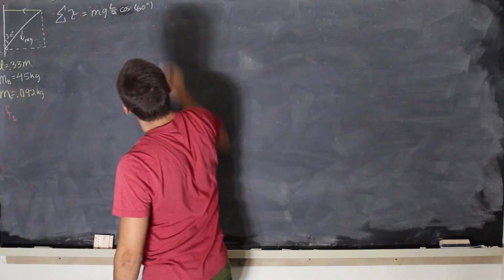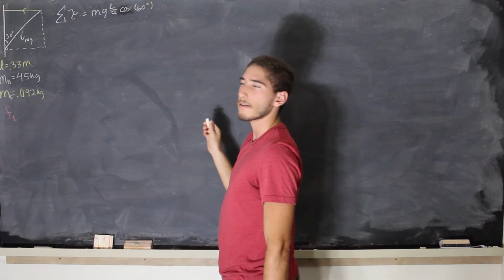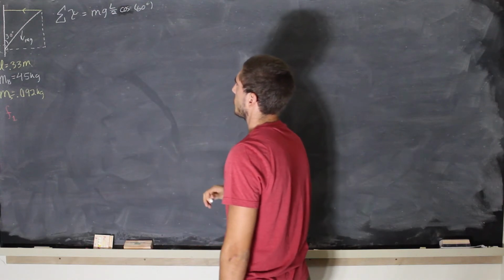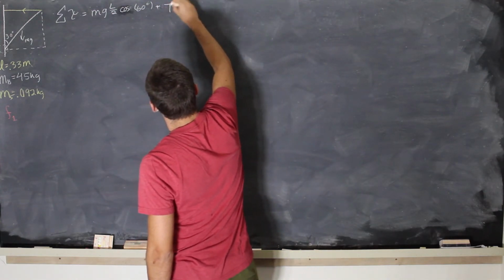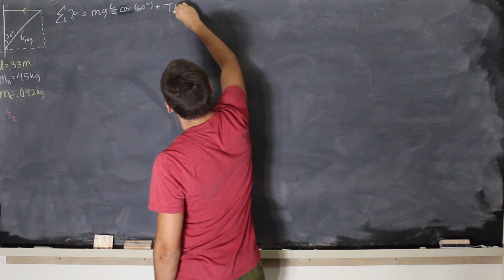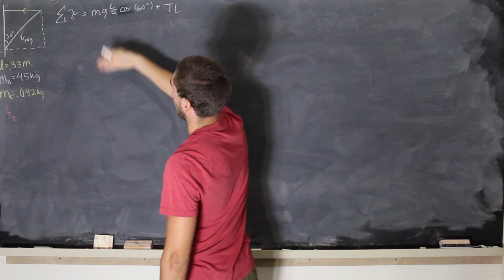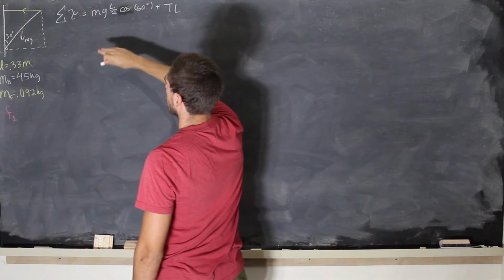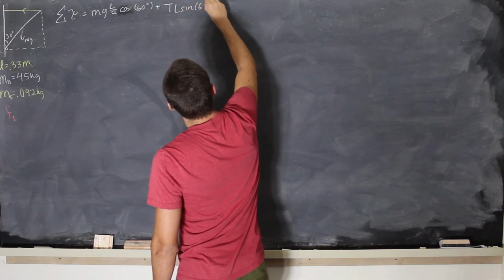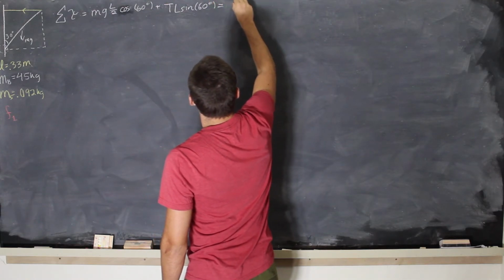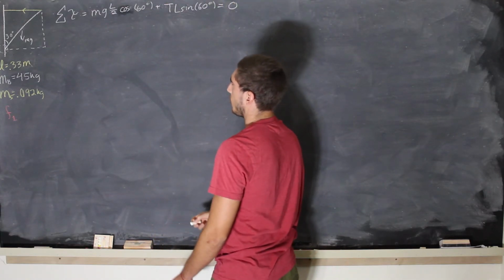I mean, you could probably do sine of 30 degrees. It's easier for me. And I'm going to add tension, and it's at the end of the bar, and it's horizontal, so we're going to need sine of 60 degrees. Okay, and that's equal to 0 as it's not moving.